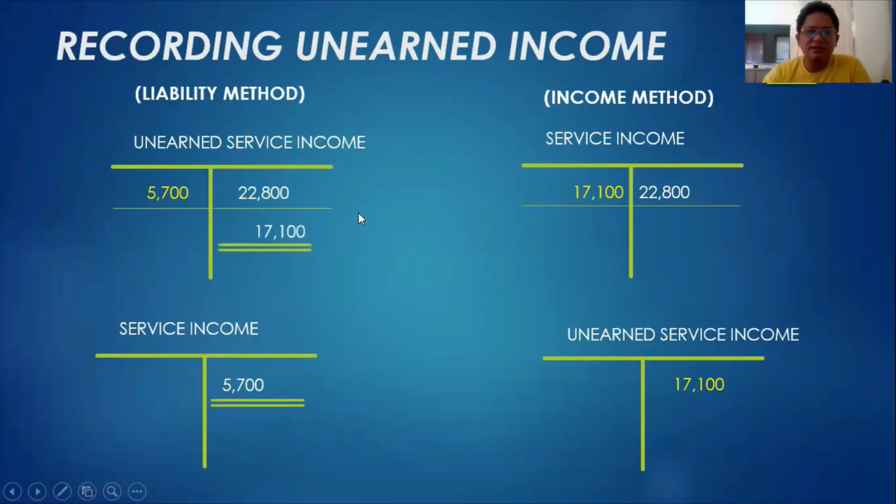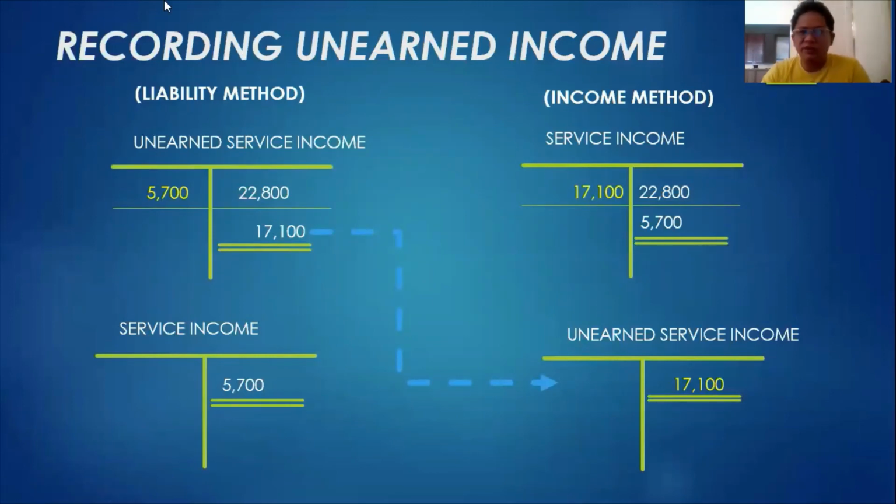So at the end of the year, using the liability method, we have 17,100 under unearned service income. Under the income method, service income net is 5,700, and unearned service income, 17,100. Again, that's the effect of adjusting entries, where whether you choose the liability method or the income method, after recording these adjustments, the yellow portion, you will still have the same balances.